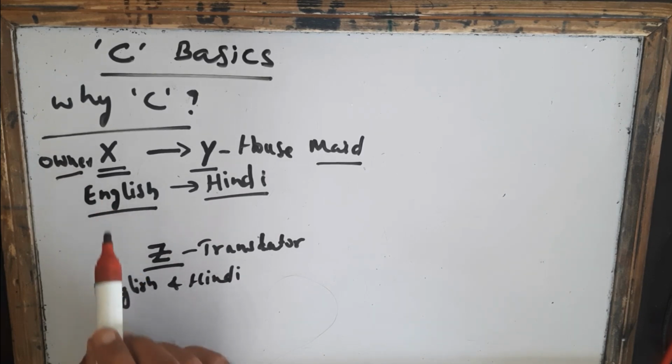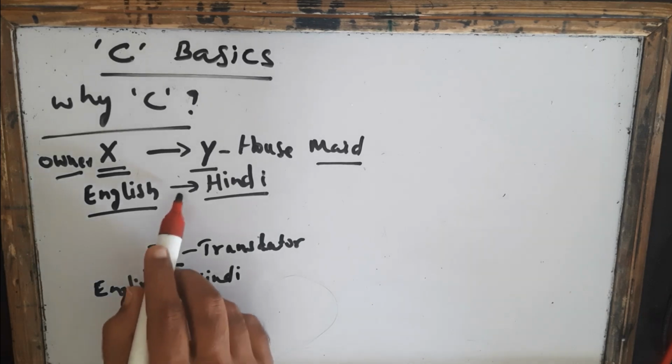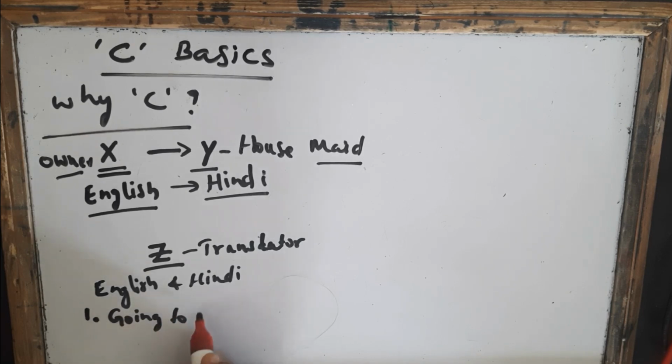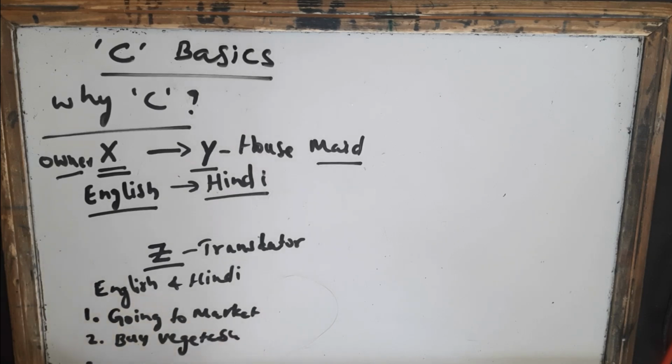Now X wants to get the work done by Y. He has a total of three sets of instructions. The first set is going to market, buy vegetables and come back.